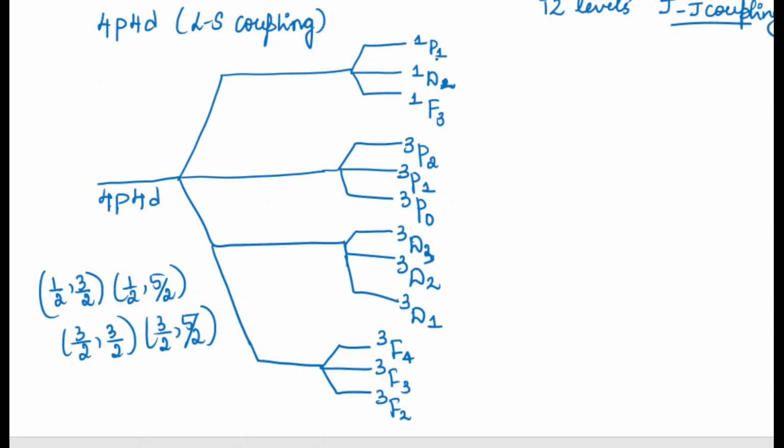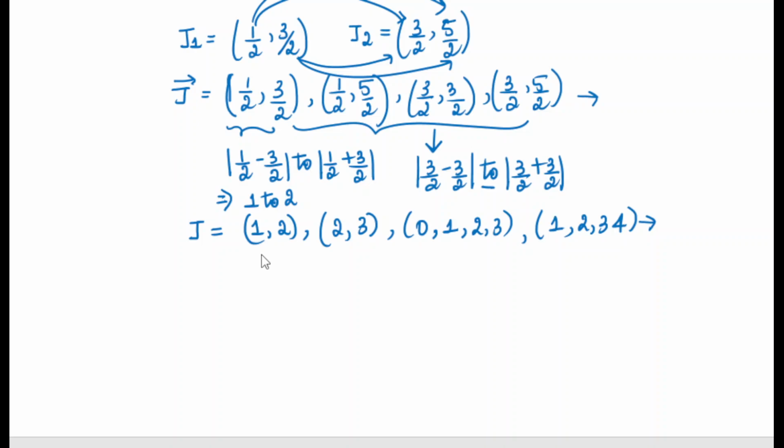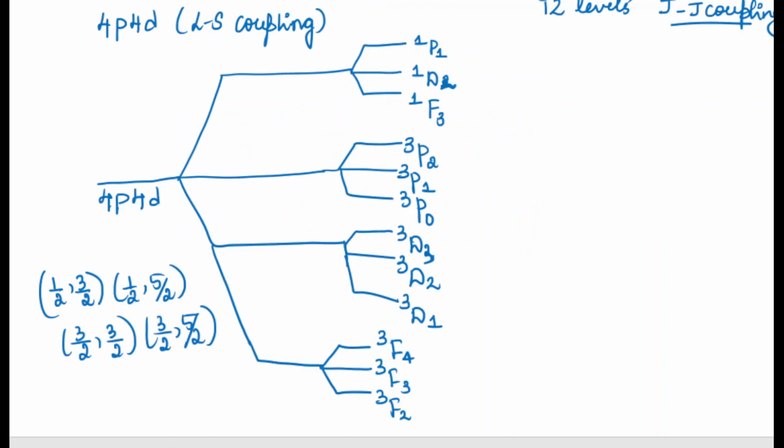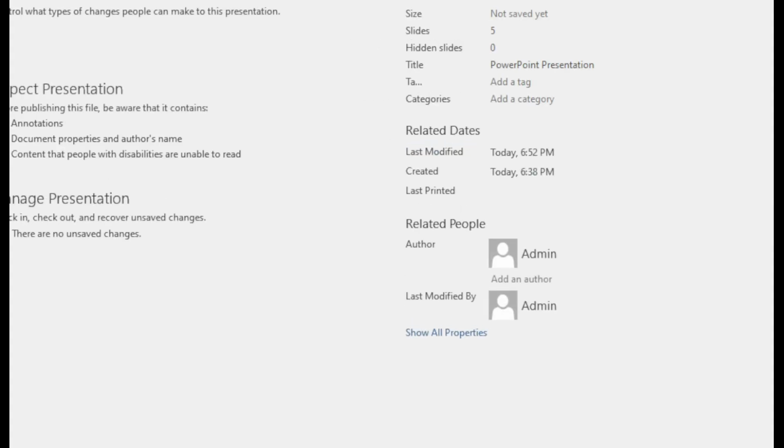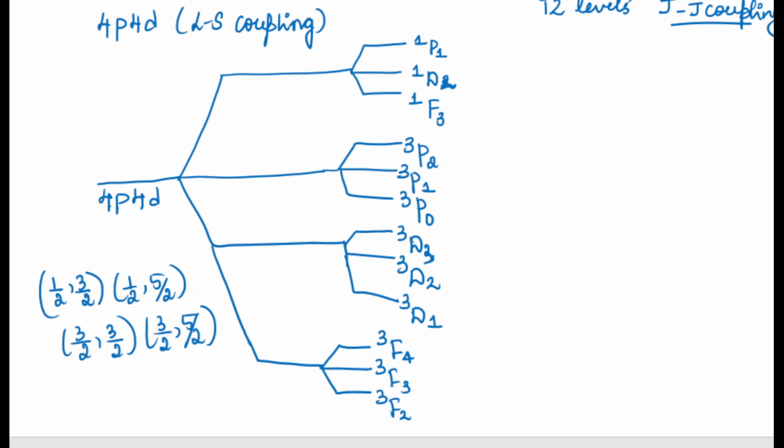Here we have a 1P1, and we have a 1D2. So in the previous slide we got the J values to be 1 and 2, for 1/2 and 3/2, right? Now I can combine these two and write like this.